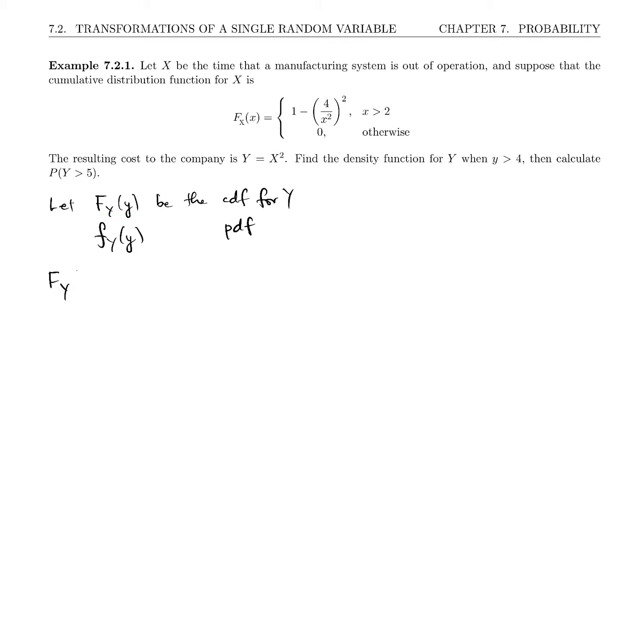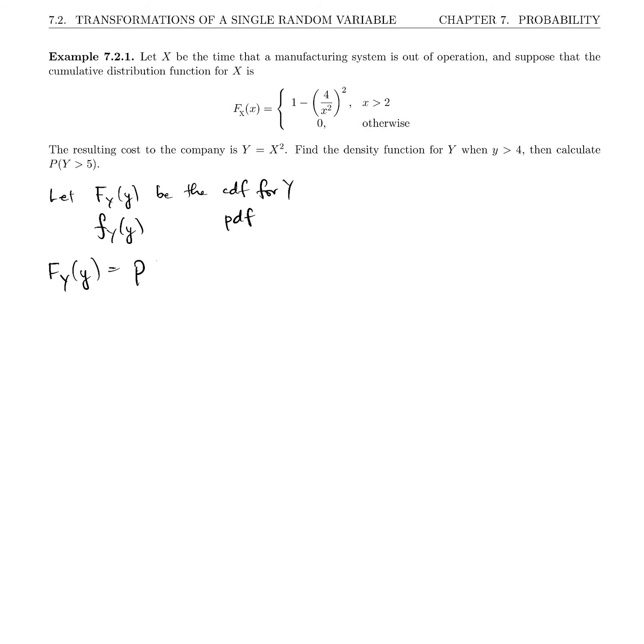F sub Y of y, by definition, is the probability that Y is less than or equal to little y, that the random variable Y takes values that are less than or equal to this little value y. Now Y is equal to X squared, so we can write this as the probability that X squared is less than or equal to y.